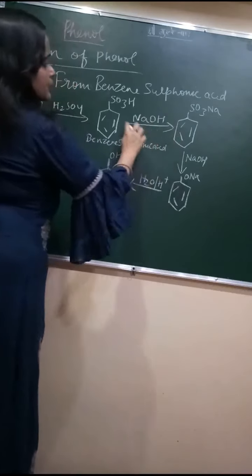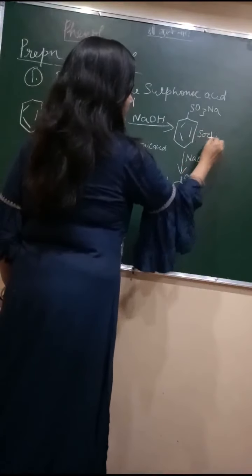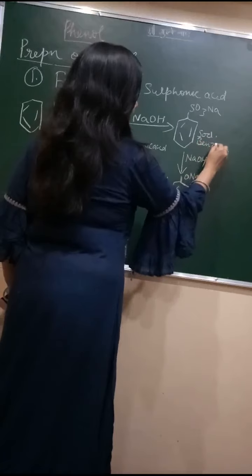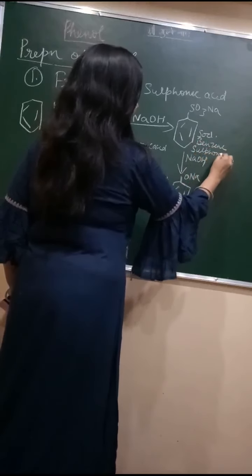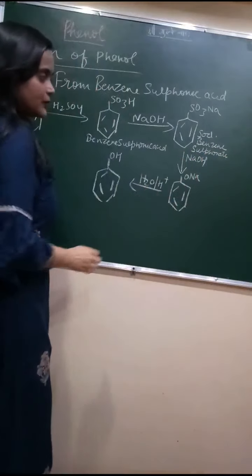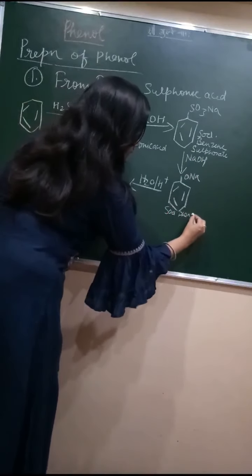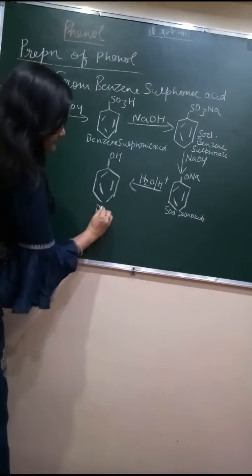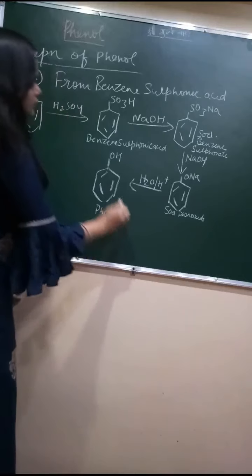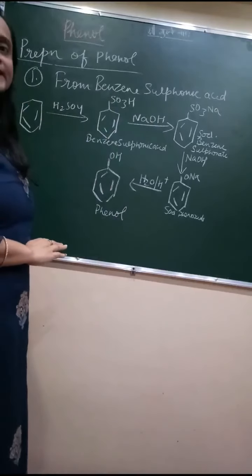When it is treated with NaOH, sodium benzene sulfonate is formed. When it is further treated with NaOH, sodium phenoxide is formed, which on subsequent hydrolysis forms phenol, which we want. So this is the first preparation, from benzene sulfonic acid.